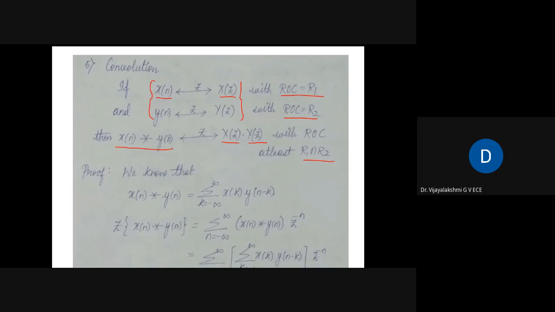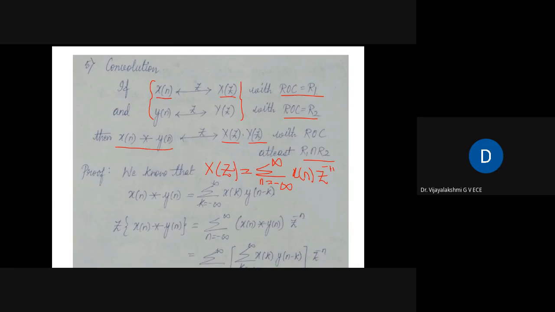By definition, we know that the Z transform of any sequence is summation of n varying from minus infinity to plus infinity, x of n into z power minus n. So x of z by definition is summation of n varying from minus infinity to plus infinity x of n into z power minus n.